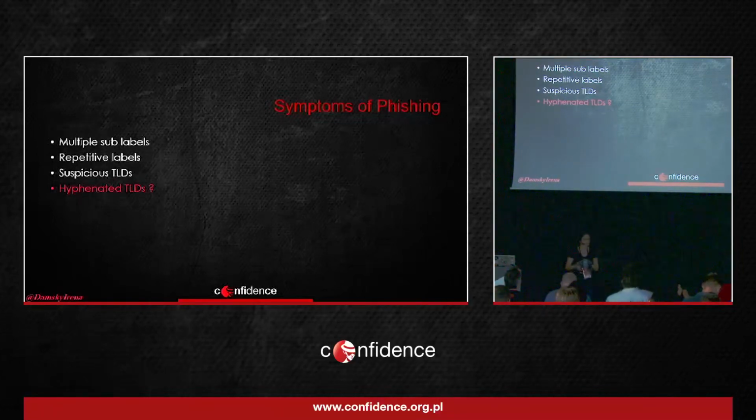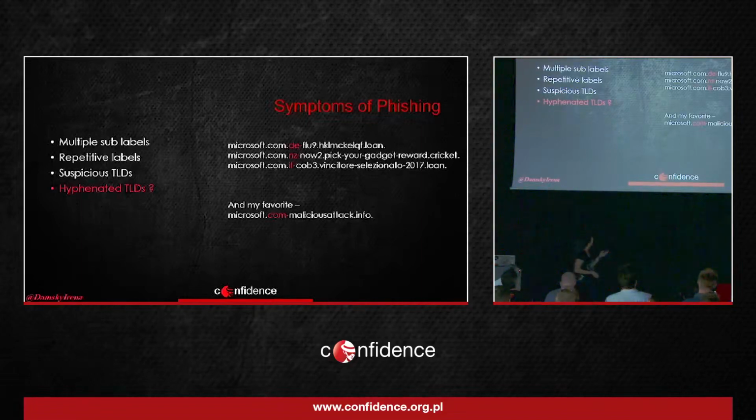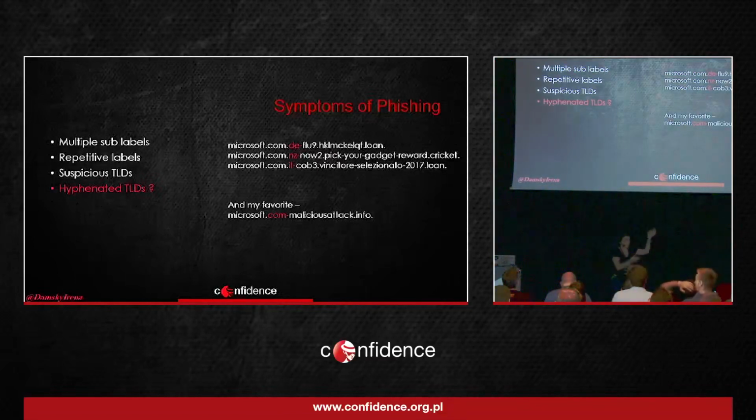And that is, in my opinion, only there to make people get confused and believe that that domain is legitimate while it's not. So if you see something like microsoft.com.de, if it would have ended there, that might be a legitimate website. But microsoft.com.de-flu9, whatever goes on, that's not.